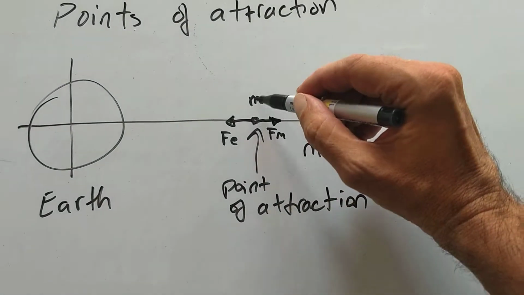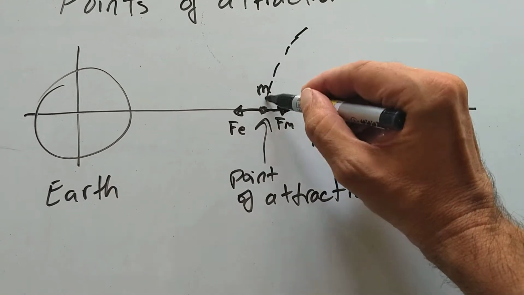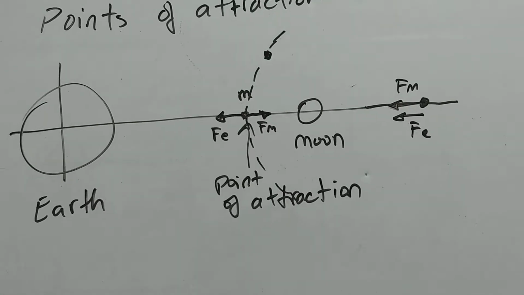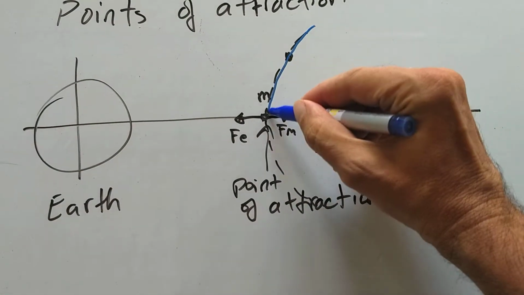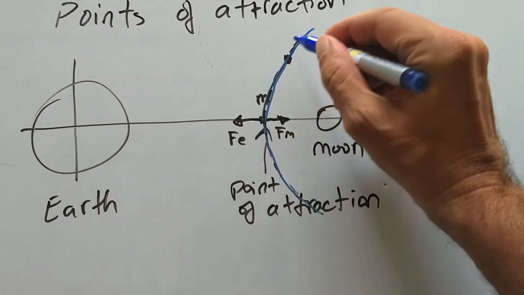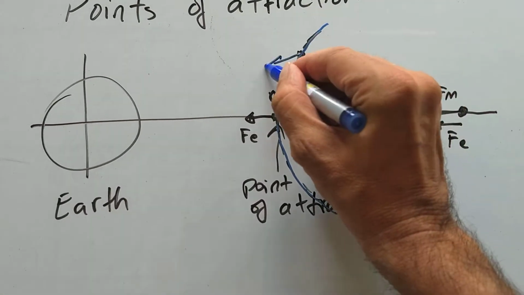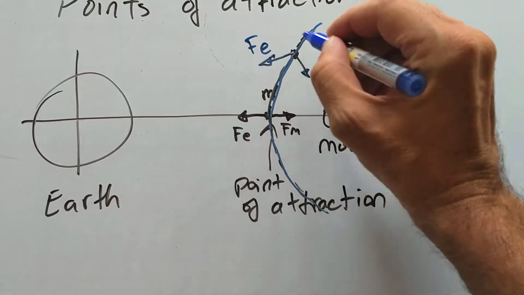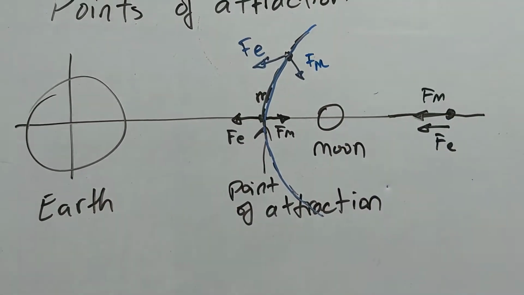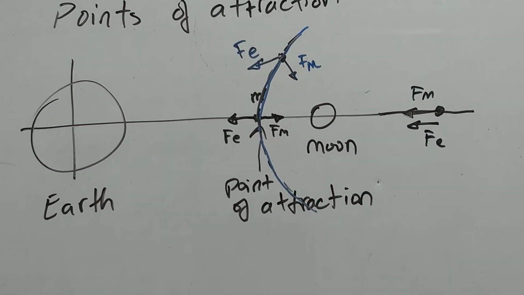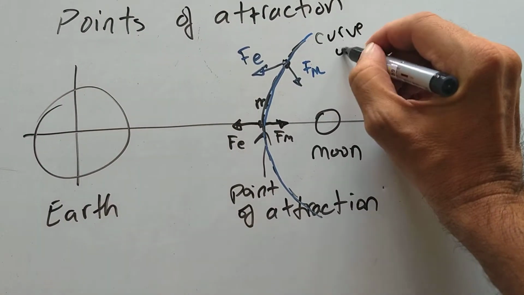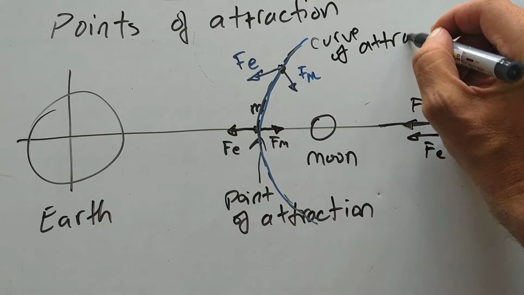And a little bit more reflection and you start to realize, hey, there must be points all along some kind of curve here where the forces may not be in the same direction, but they can be the same strength, yes? And we're going to call this the curve of attraction.